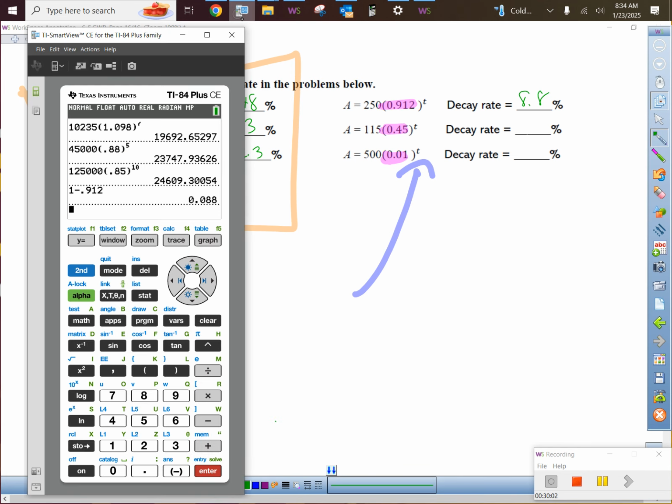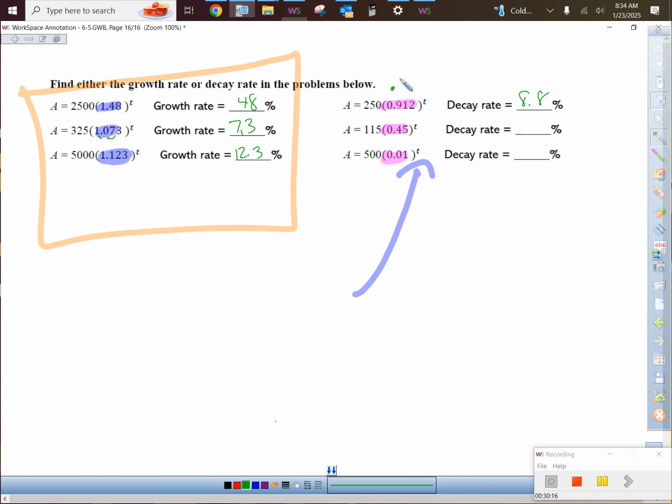I moved this decimal 2 places to the right. You're keeping 91.2%. Aren't we losing 8.8%? That is the decay rate. Make it a rounder number. If this was 0.90, you're keeping 90%. Aren't you losing 10% in that case? So that's kind of the idea right here.